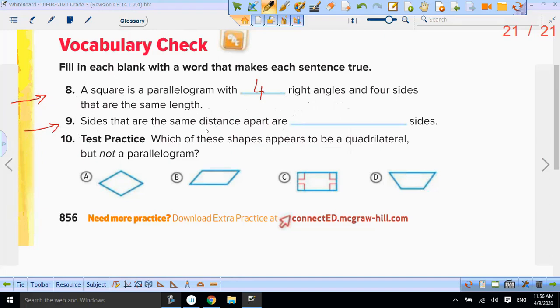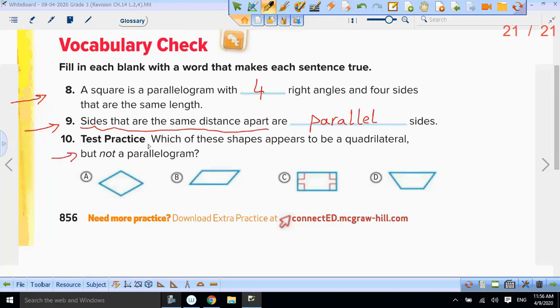Sides that are the same distance apart are called what sides? Yes, they are parallel sides. This is the definition of parallel lines.